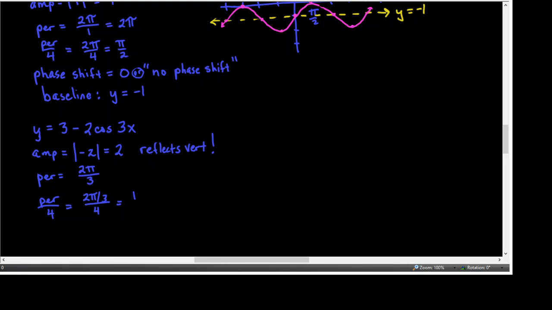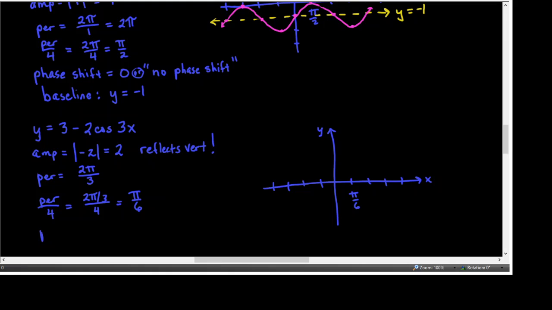Anyway, that's pi over 6. So I'm going to go ahead and start my graphing. As soon as I make that decision about what period over 4 is, I'm going to go ahead and make the marks on the x-axis every pi over 6.